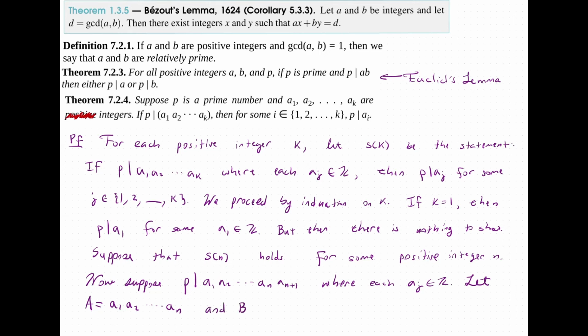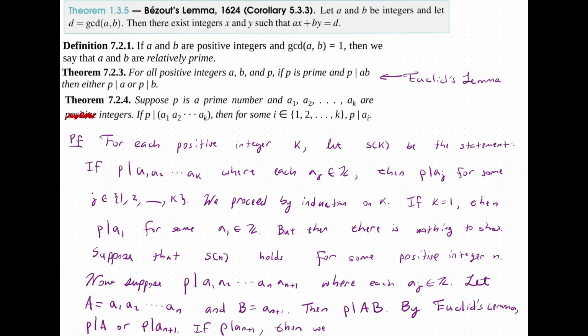And B is just going to be a sub n plus 1. Then p divides A times B. And then by Euclid's lemma, p divides A, or p divides B. But in the case of B, it just divides a sub n plus 1. If p divides a sub n plus 1, then we're done. So let us suppose that p divides A.